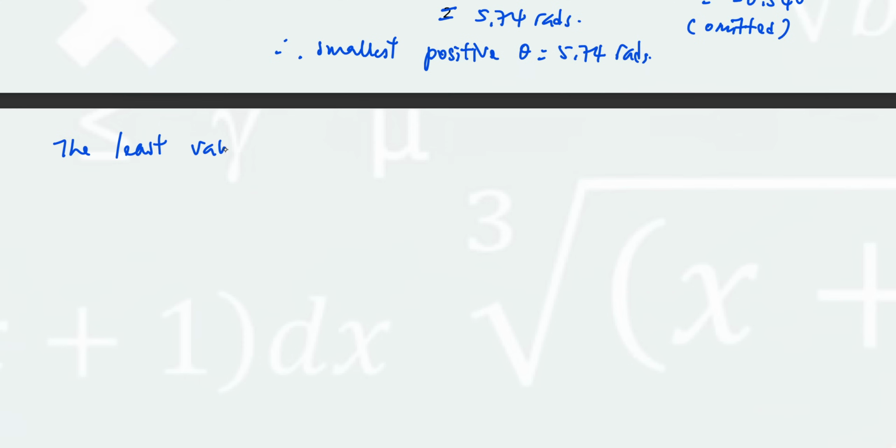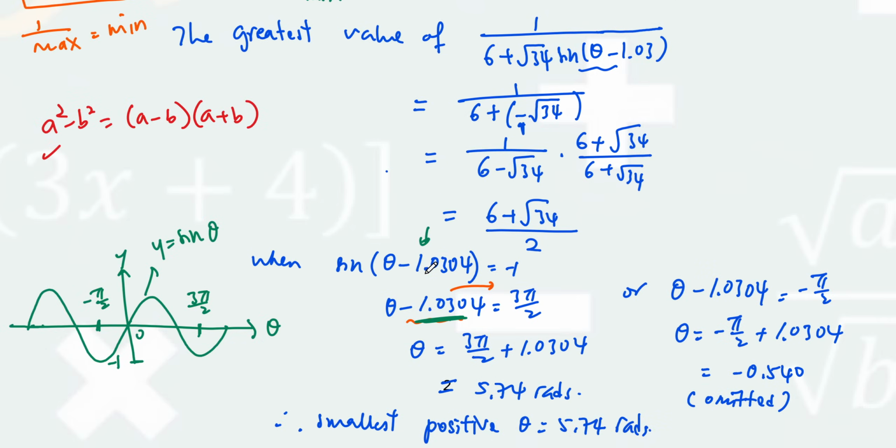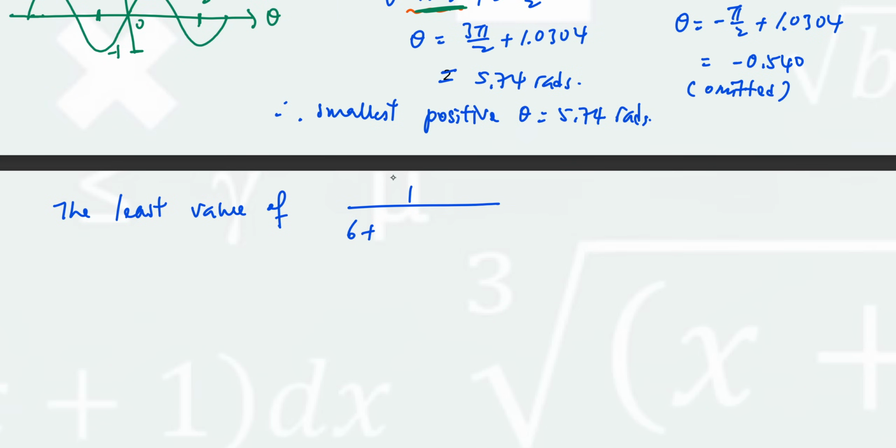The least value of 1 over 6 plus square root 34 sine theta minus 1.03.